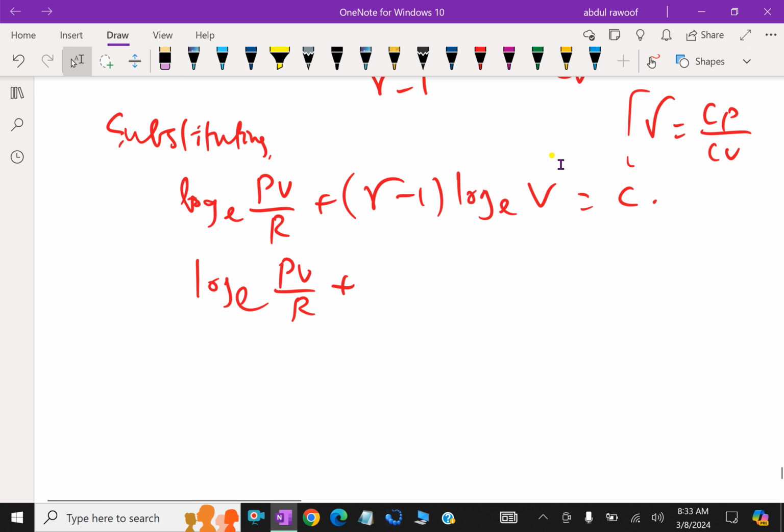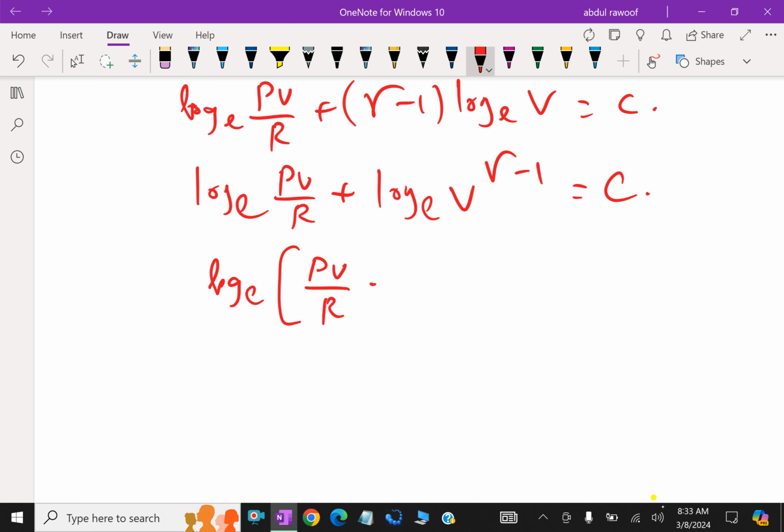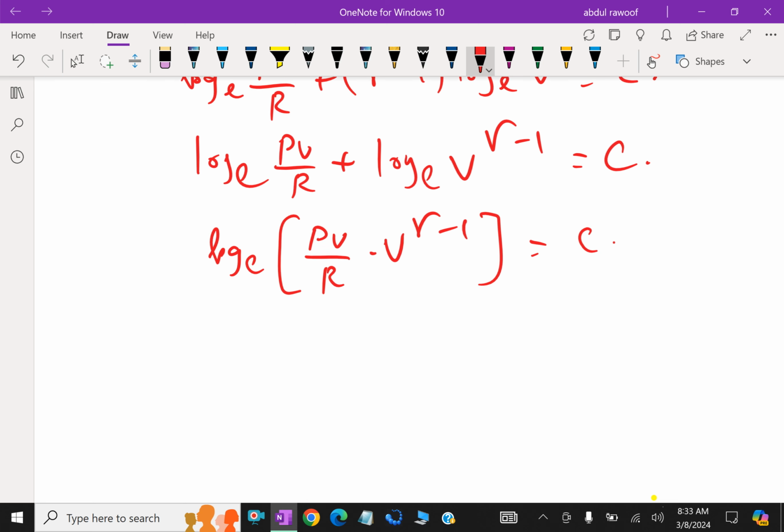Then addition of logs, log of the multiple of these two things, PV by R into V power gamma minus 1, is a constant.